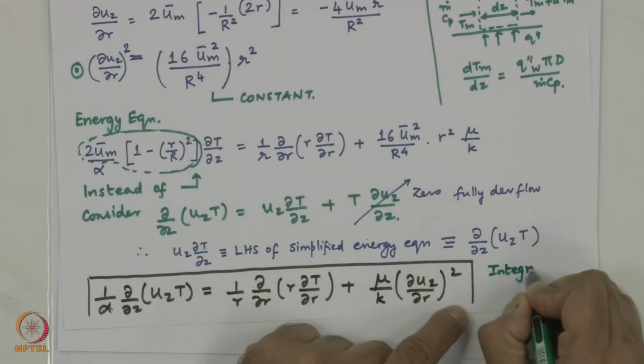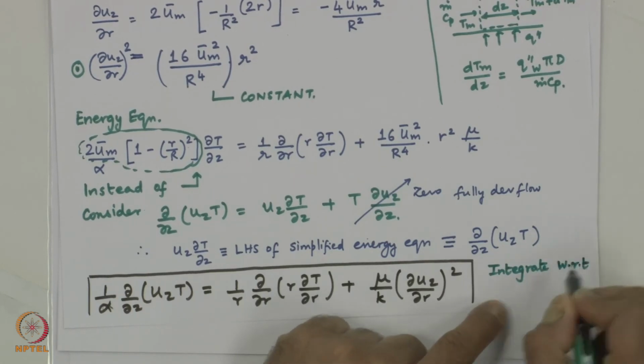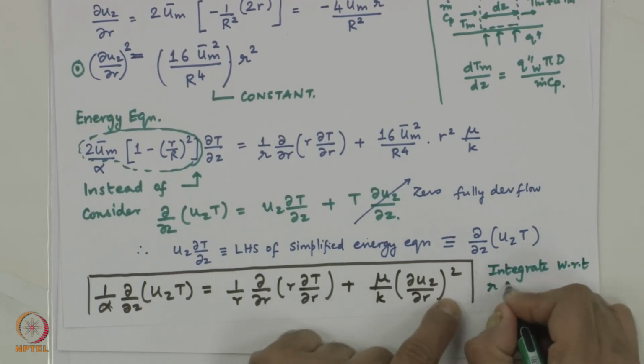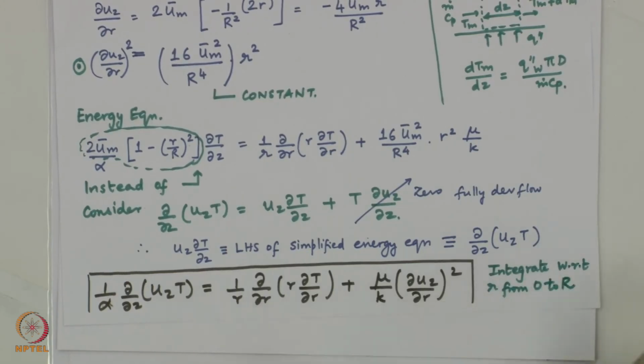So, now what is my next step? I integrate this equation with respect to r from 0 to capital R. So, if I do that, I just write this step.